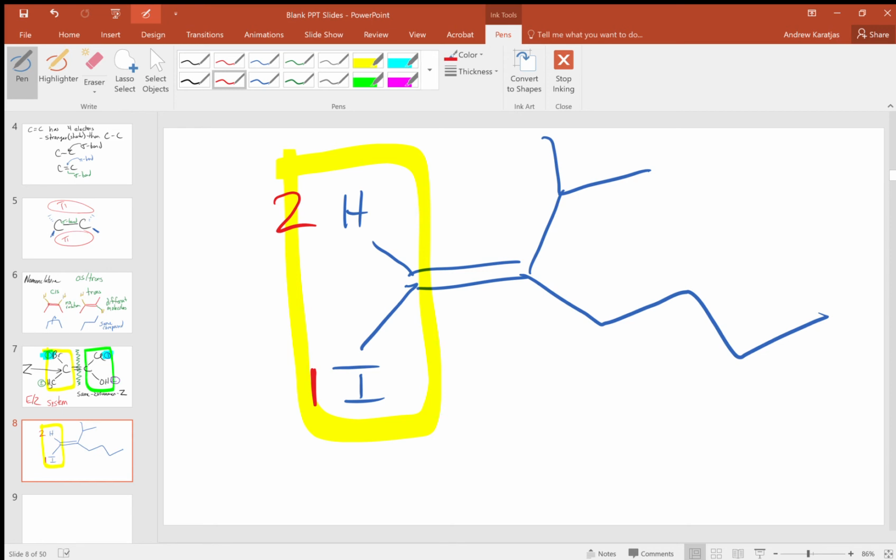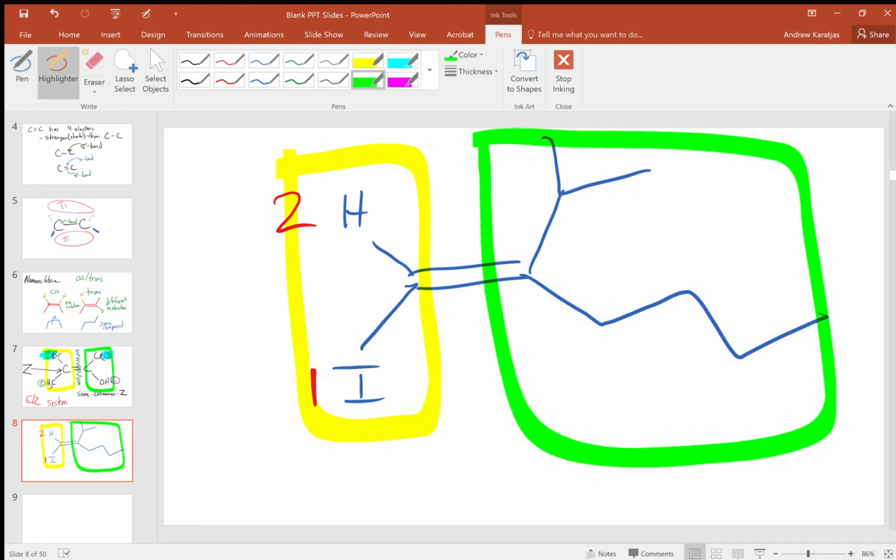What about the other side? Well, initially, attached to a carbon, attached to a carbon. So those are the same. So now the question becomes, what are those attached to? So this carbon is attached to 1 carbon, but the carbon here on top is attached to 2 carbons. So that makes it higher priority.